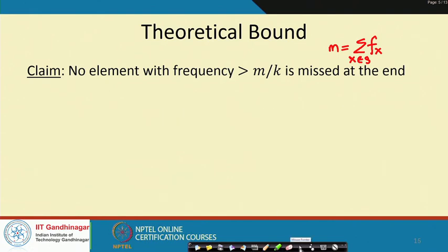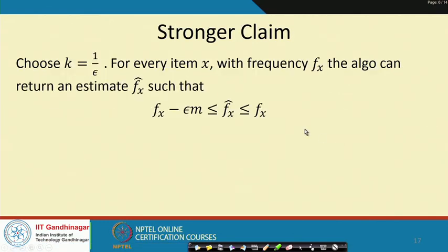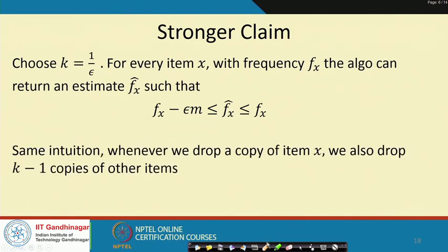The statement that we can make, which is a more precise statement, is something like this. This statement seems mysterious, but it is really exactly the same thing that we discussed. So now choose the value of k to be 1 by epsilon.